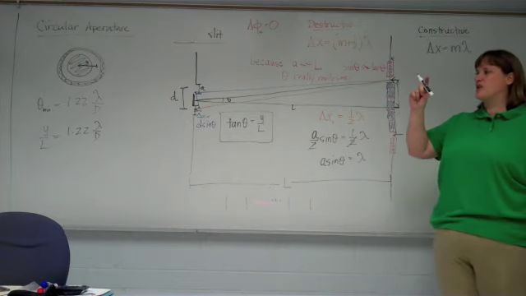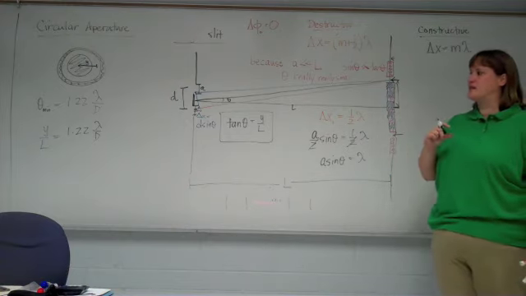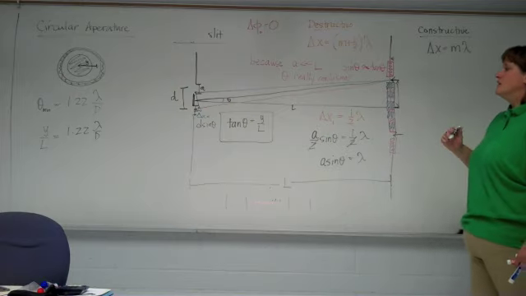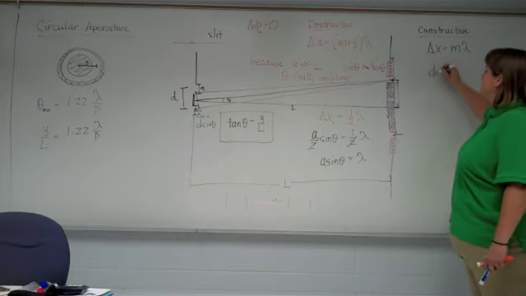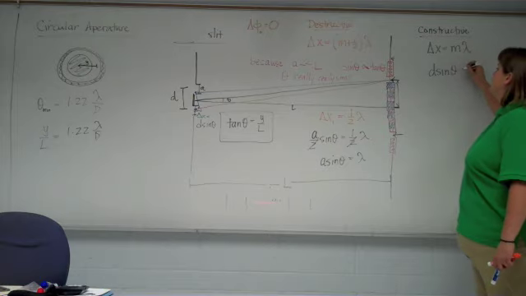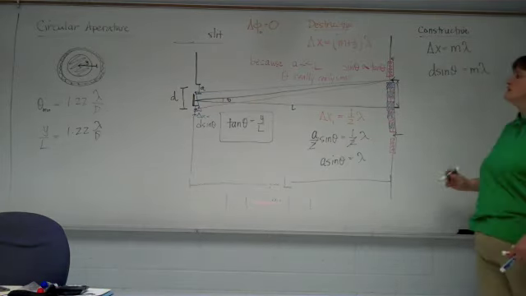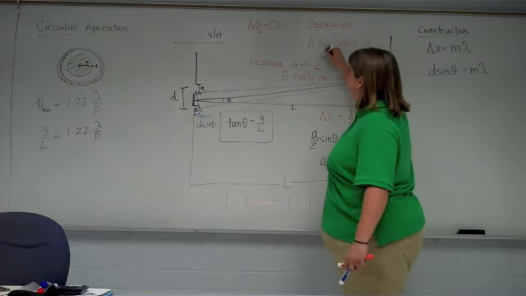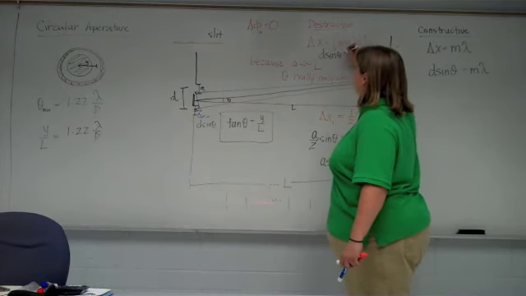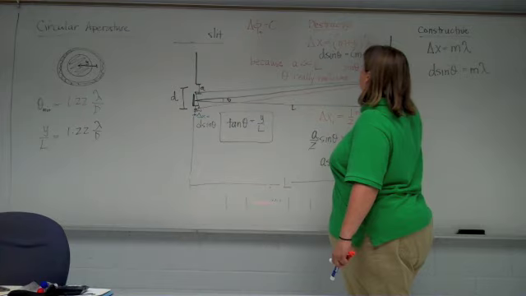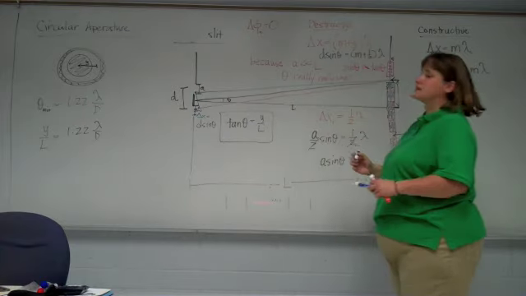All we've changed is what we're calling that distance from one light ray to the other. So we can say d sine theta is equal to m lambda for constructive interference. We can say d sine theta is equal to (m plus 1/2) lambda for destructive interference.